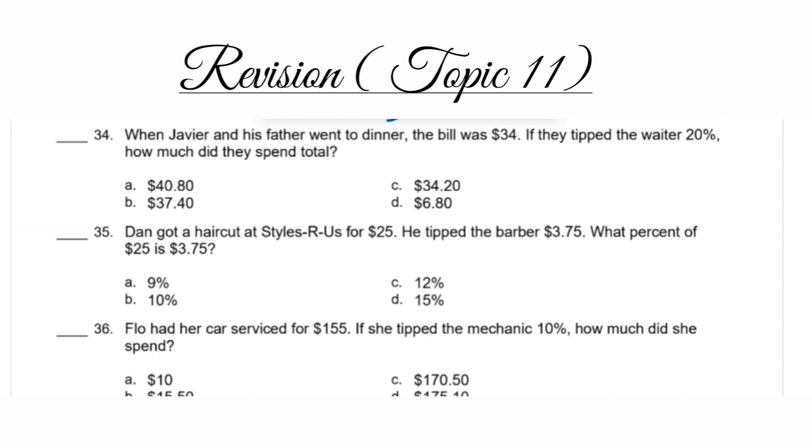We have here the bill, $34, and they tipped the waiter 20%. So we need to find the total. So now we will find 20% of $34 and add this to the original, which is 34.